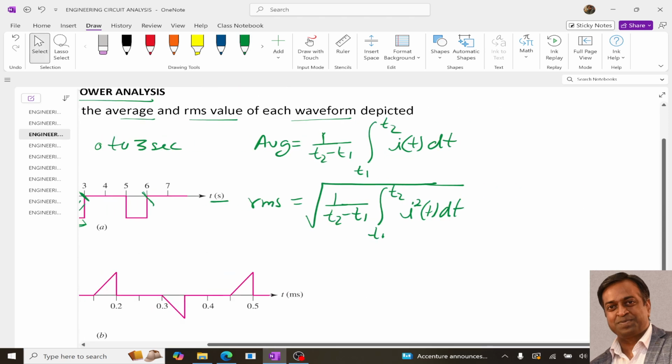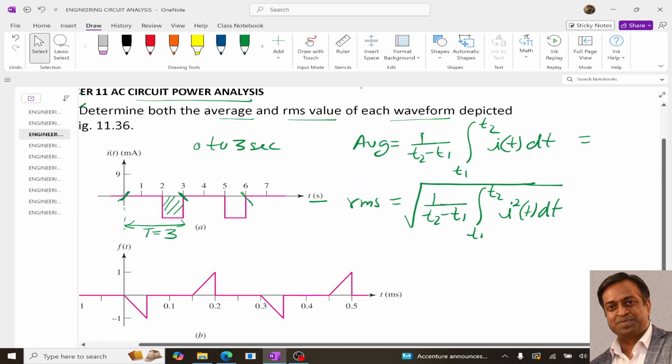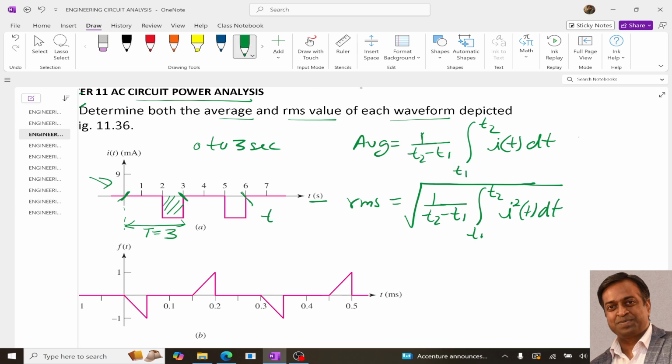Since we need T2 minus T1, for this first case our T2 is 3 and our T1 is 0, right? So these are our T1 and T2. What is our i(t)?